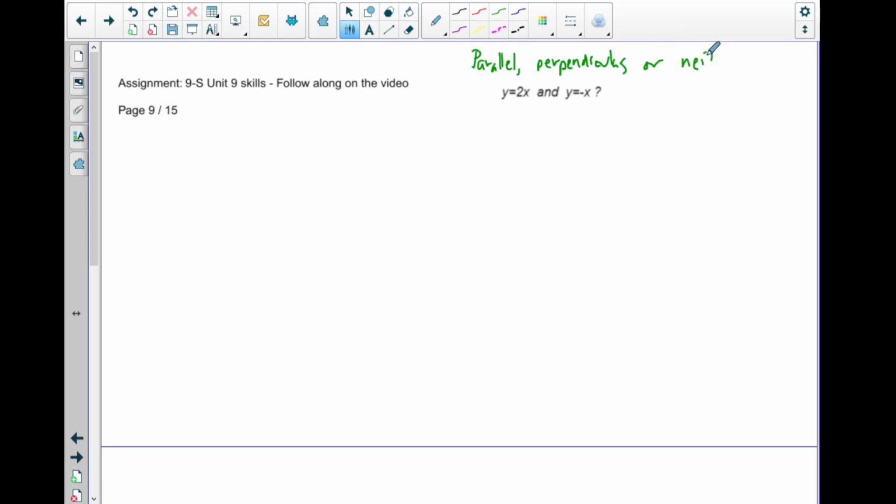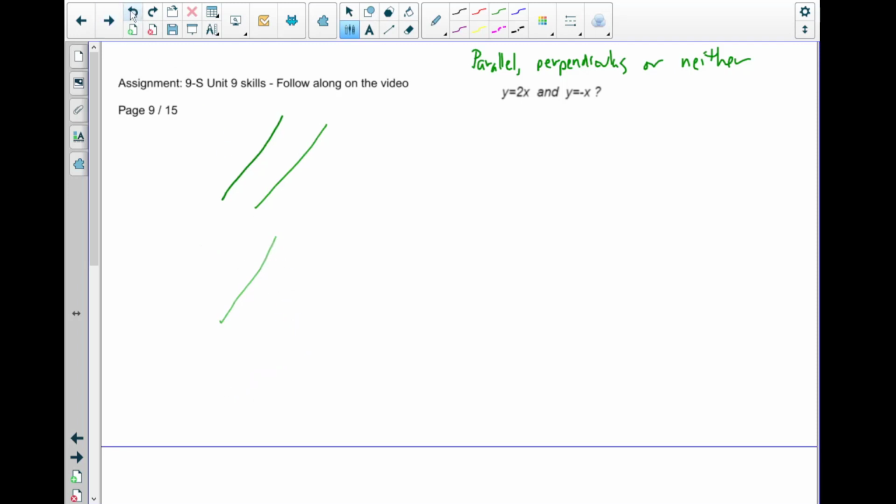Basically what they're saying is, are there two lines that are parallel like this, or are they perpendicular like this, with a right angle, or are they just neither, like they're just kind of like an X or something? So parallel, perpendicular, neither.